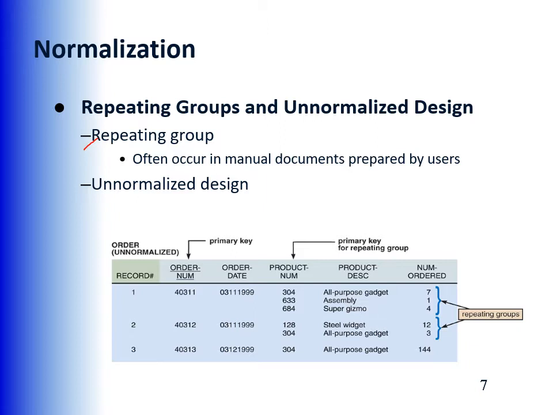Repeating groups often occur in manual documents prepared by users. This example shows a repeating group. The first two records in the order table contain multiple products, which represent a repeating group of fields. So a table design that contains a repeating group is called an unnormalized design.